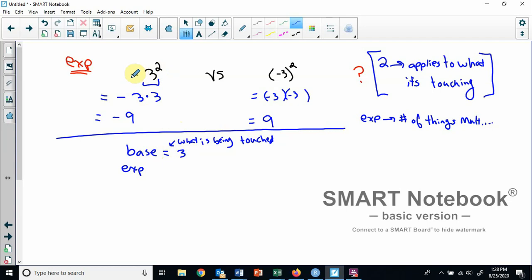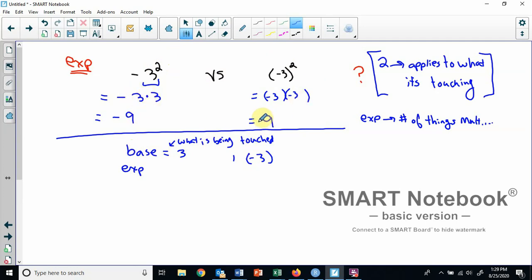It's not touching the negative sign. In the second example, the 2 is touching the grouping symbol and whatever is inside it. So the base here is 3, the base over here is negative 3. So the base is just a lazy way of asking, what is the exponent touching? Okay, they will ask you this on the test. You have to write the base out and then do the work.